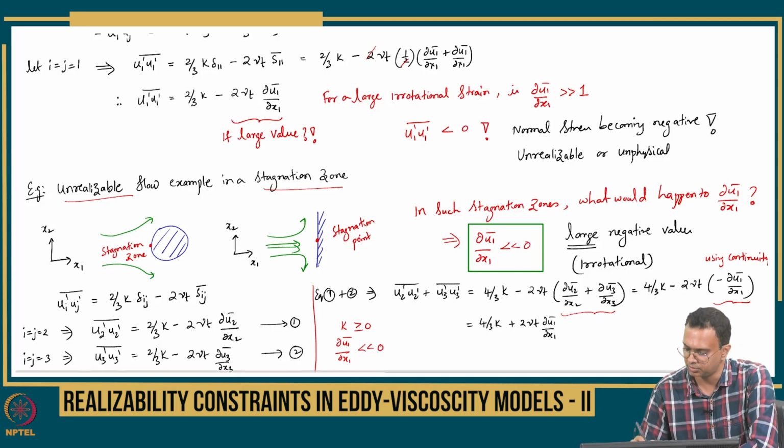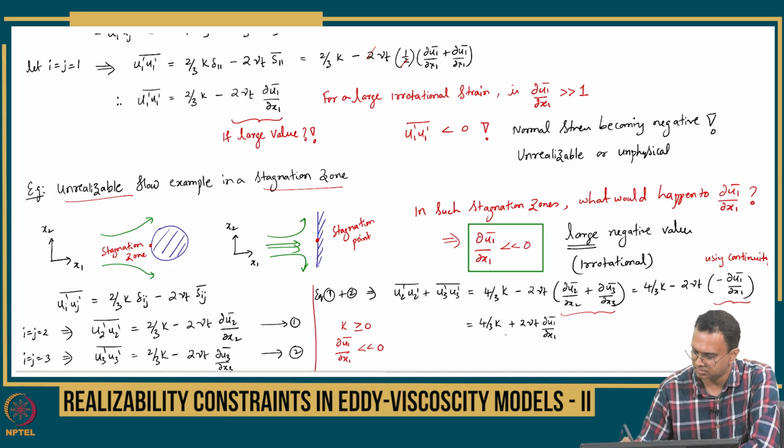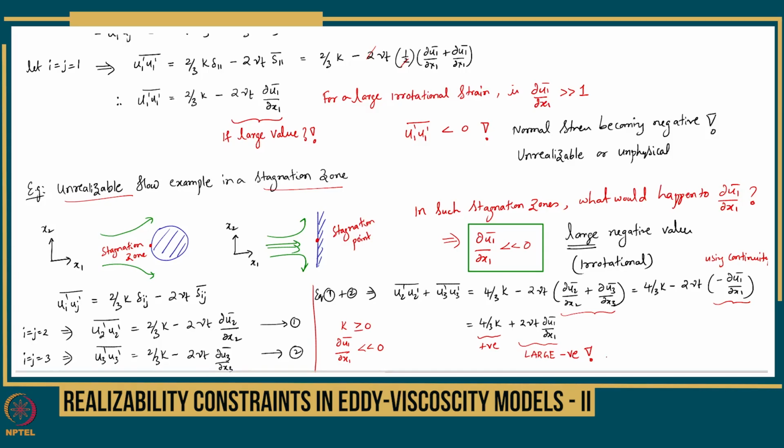So that means this is positive and this is large negative, making the entire equation, that is the sum of these two, negative, right?